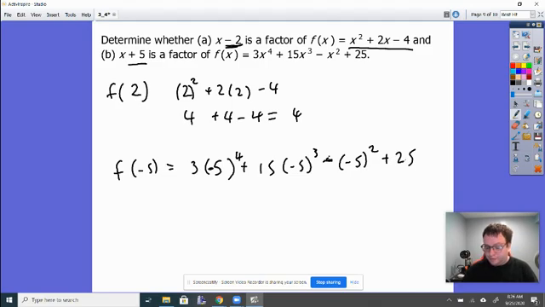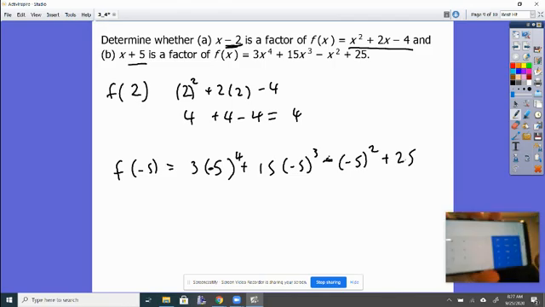Okay, let me pull up my calculator on my phone and do this one really quick. So I've got 3 times negative 5 to the 4th, plus 15 times negative 5, and again, making sure I'm using parentheses, to the 3rd, minus negative 5 squared, plus 25, and I get 0.